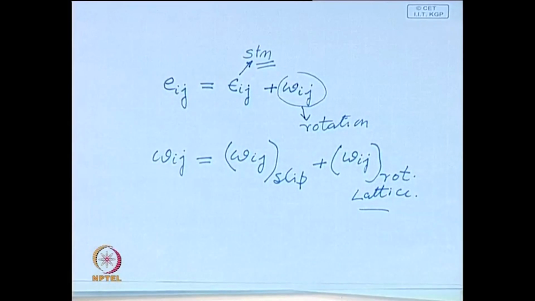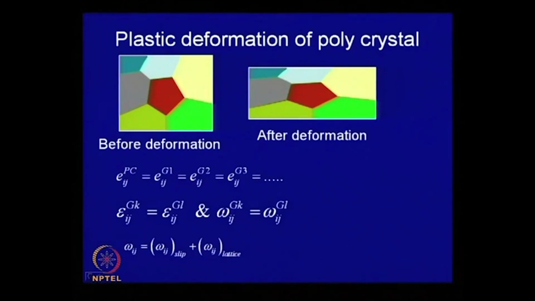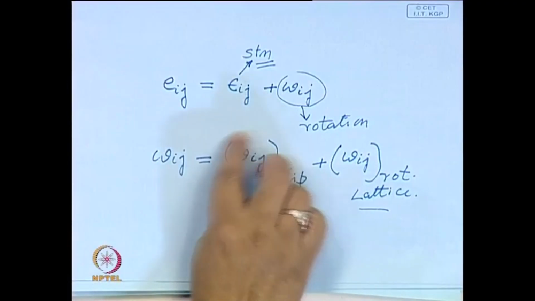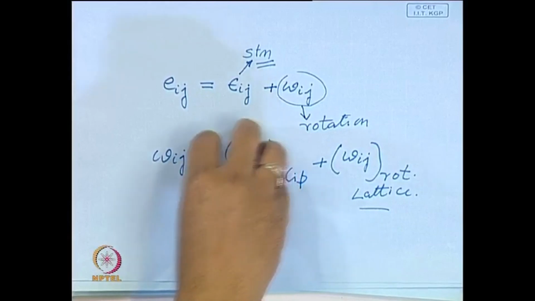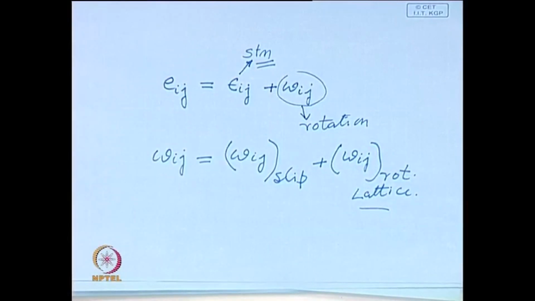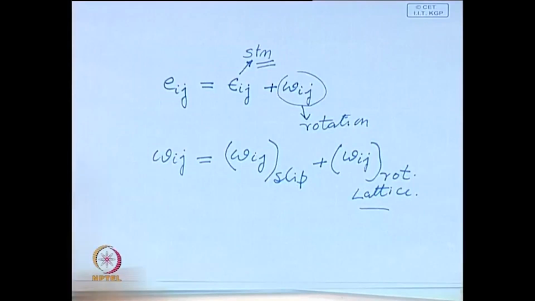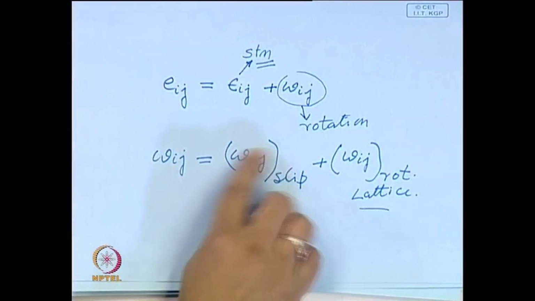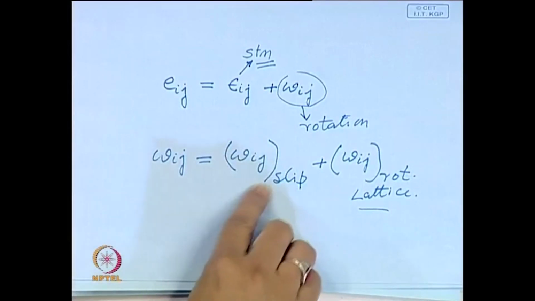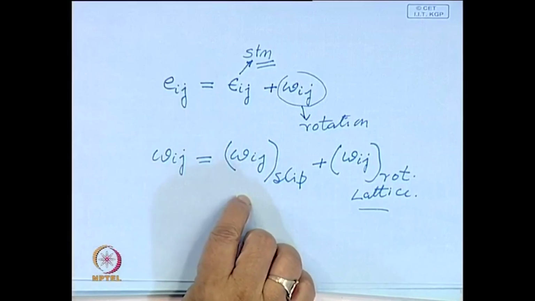Okay. So now this is the constraint: this rotation is the rotation of the slip vector, or the direction in which the stresses are applied. So the crystal direction of those stress directions changes, but this does not include that lattice rotation.